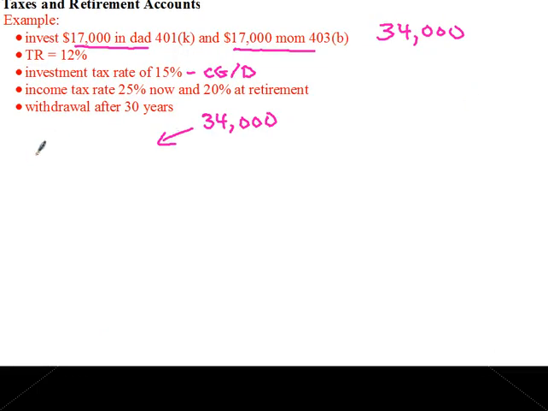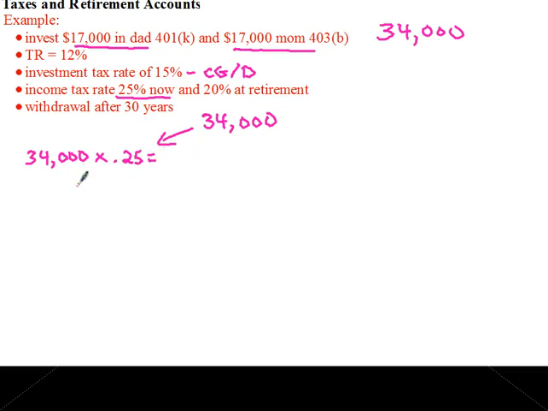So the contribution was $34,000 multiplied by the income tax rate, which was 25% right now. So times 0.25, and that will give you the reduction in their tax bill right now today, as a result of making these contributions to their 401k and 403b.